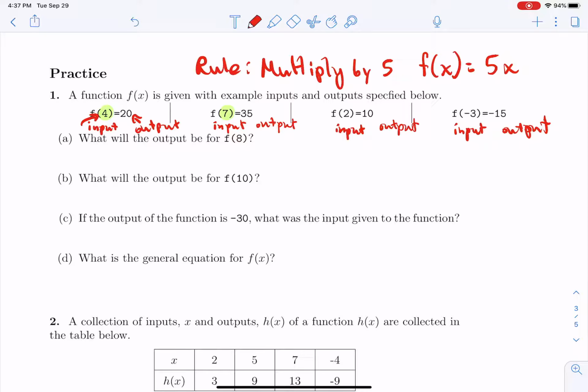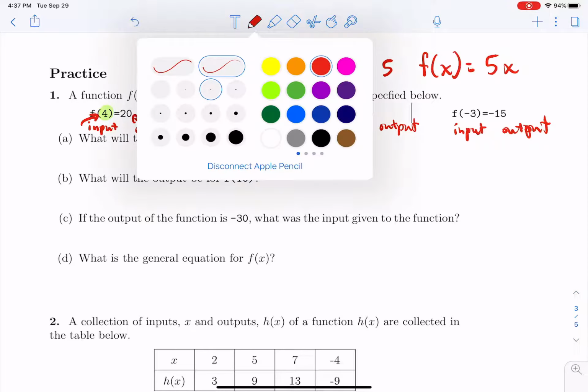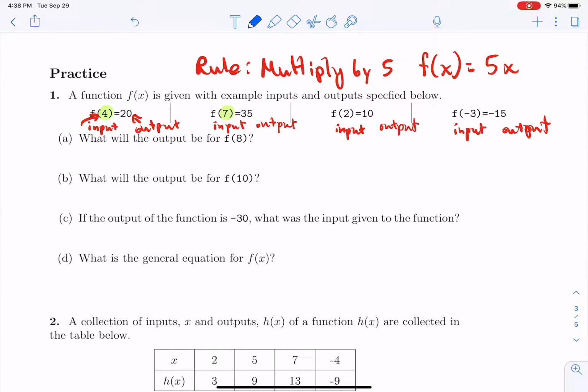So our function is f(x) = 5x. All right, what will the output be for f(8)? Well, remember, our rule is that we're multiplying by 5. So if my input is 8, my output there would be 8 times 5, or 40.